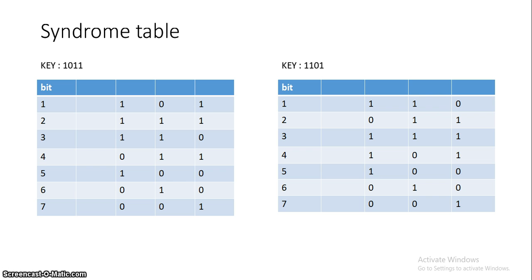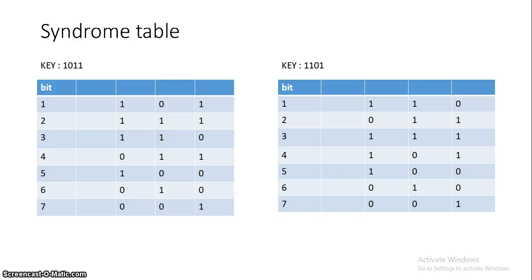Here we can find the limitation of cyclic redundancy check error correction: it can correct only a 1-bit error. One more thing to note is that the syndrome table for a particular key is pre-stored in a device.